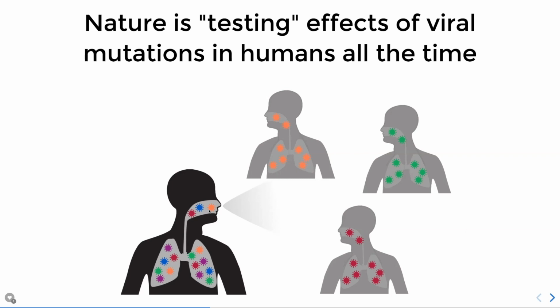When that happens, they're exhaling respiratory droplets with the virus, and it's landing in the airways of another person. The chance that a virus is successfully transmitted in this way will depend on the mutations that it contains. If it contains deleterious mutations, it's not going to transmit. If it contains beneficial mutations, it may transmit better. So in a way, nature is making these measurements of the effects of mutations all the time.